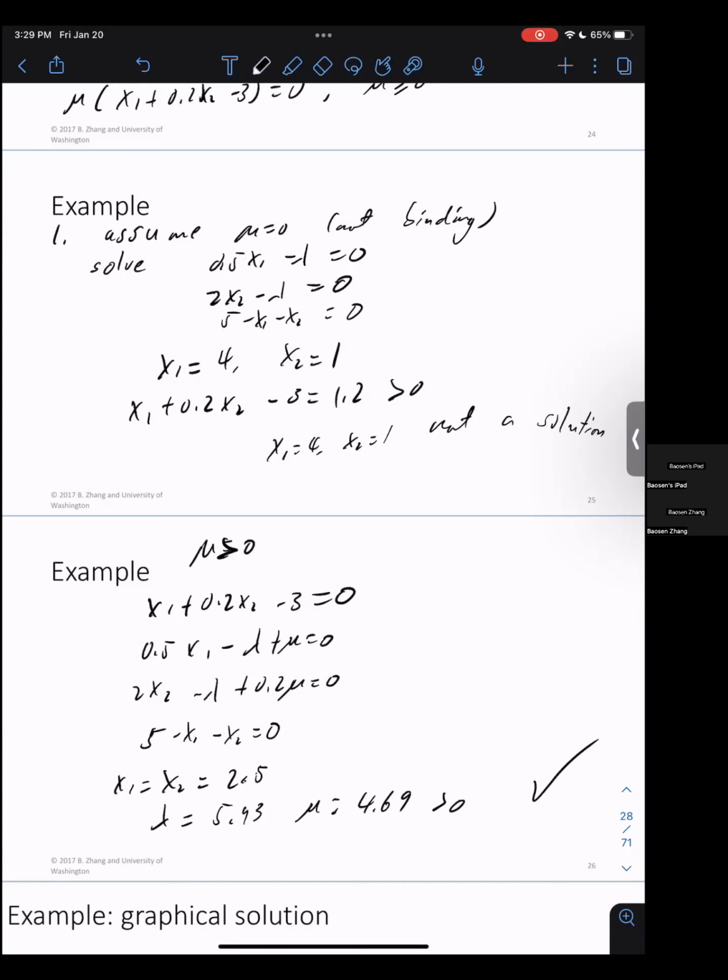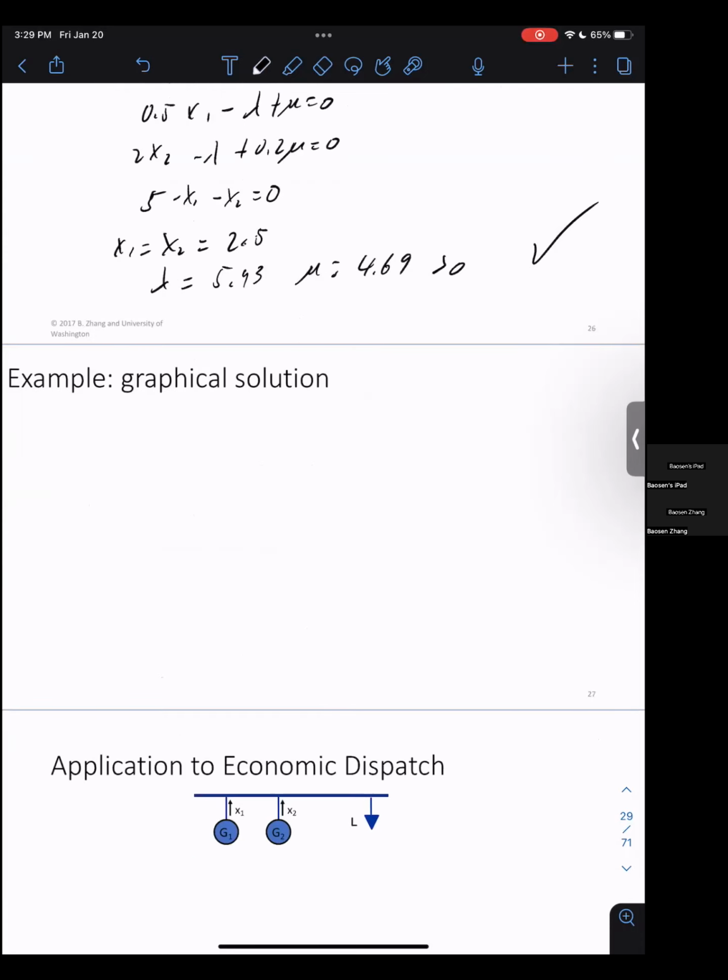Okay, so we're now going to look at the graphical solution. It doesn't really add anything.